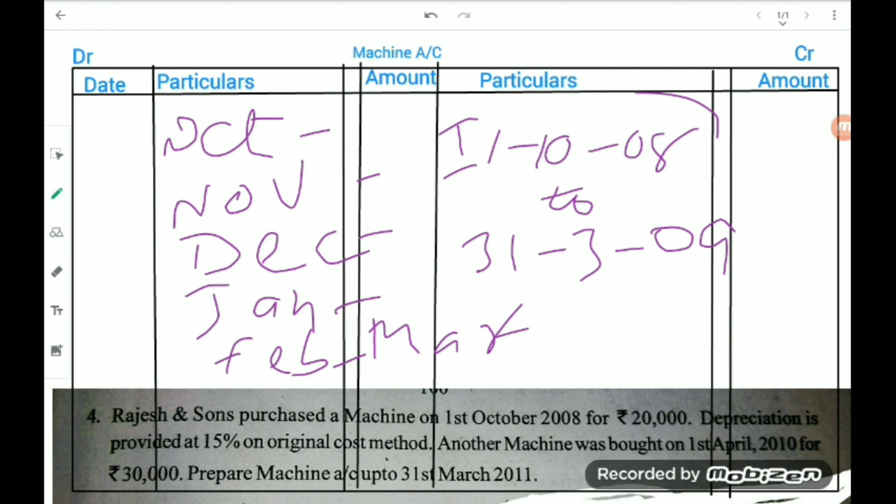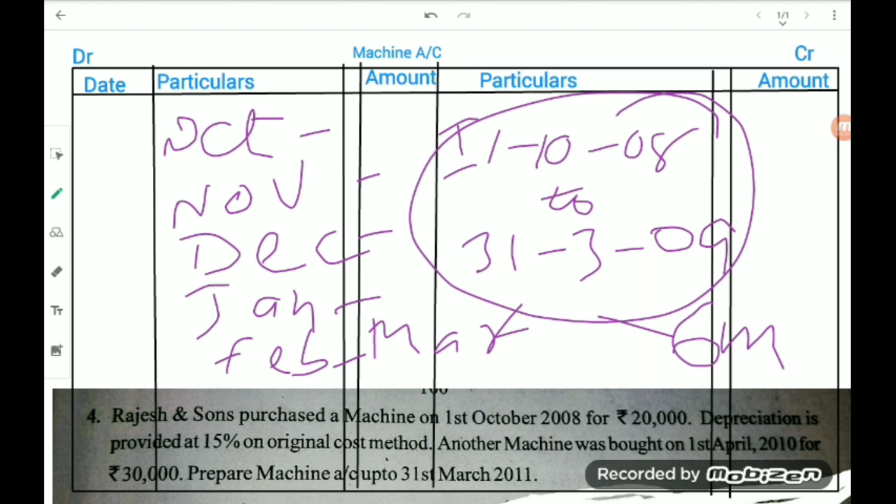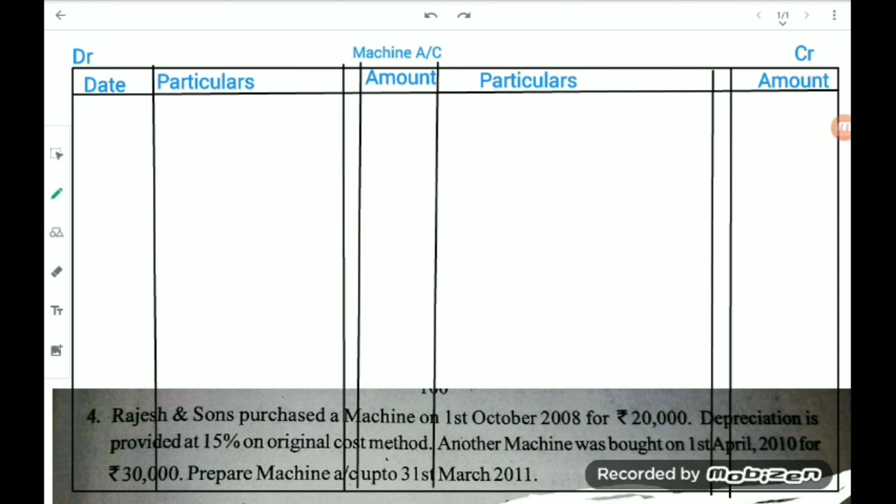So for the first year, for how many months do we calculate? For 6 months. For the first year only we calculate the depreciation for 6 months. From the second year, from 1st April, it starts and we calculate the depreciation for the full year. Don't get confused with the two machines. If two machines are given, don't confuse them.